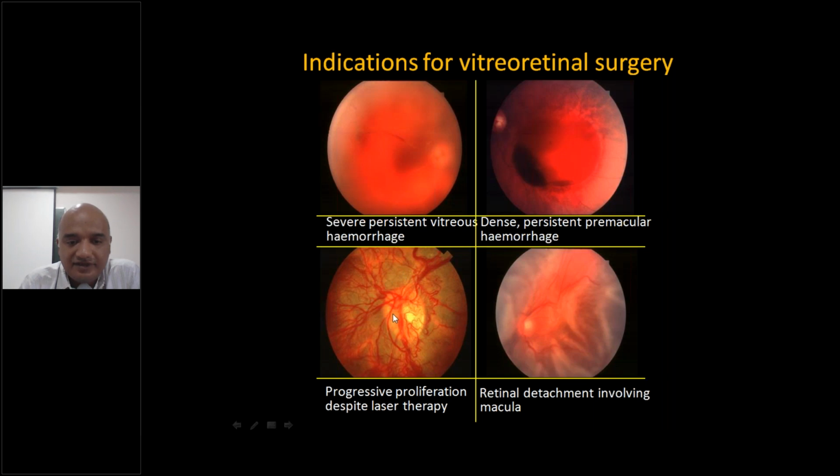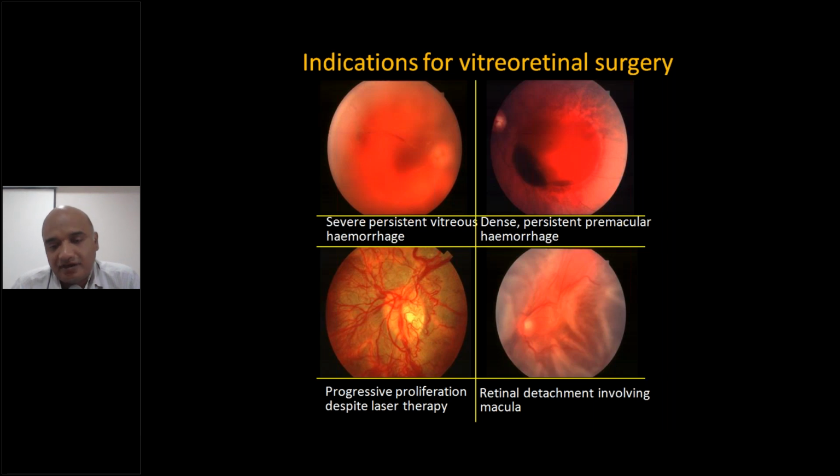Here you can see severe proliferation of the new vessels around the disc and around the vessels. Everywhere there is proliferation. So all these cases where you just cannot manage medically, you just cannot give lasers or intravitreal injections, such patients require surgical management. You do a complete vitrectomy, and intraoperatively you give lasers on the table.